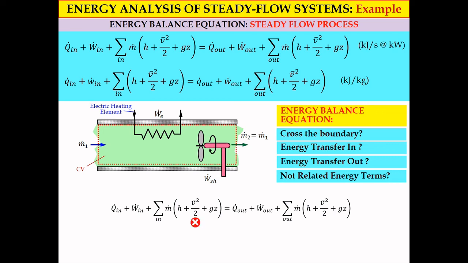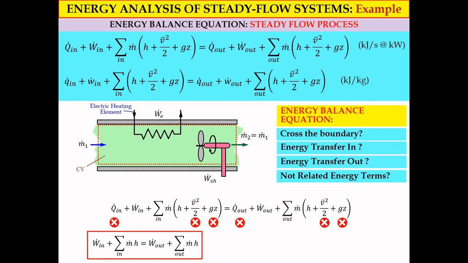Okay, so we neglect kinetic energy terms and potential energy terms, so we don't have any Q in dot or Q out dot. So the remaining terms for the equation will be W dot in plus total M dot H in equal to W dot out plus total M dot H out.